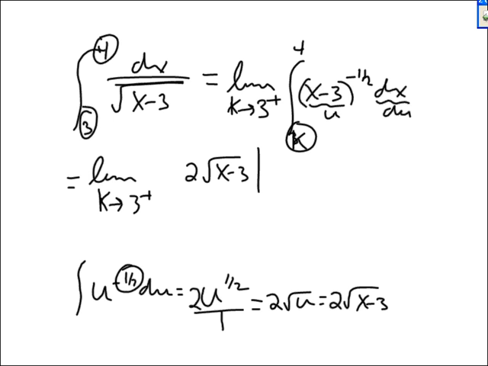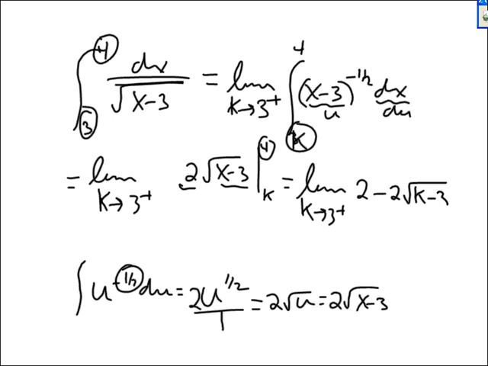I definitely should have written that down. From k to 4. So it's the limit as k goes to 3 plus. First I plug in 4. 4 minus 3 is 1. The square root of 1 is 1. 2 times 1 is 2. Minus, now I plug in k. Square root of k minus 3.